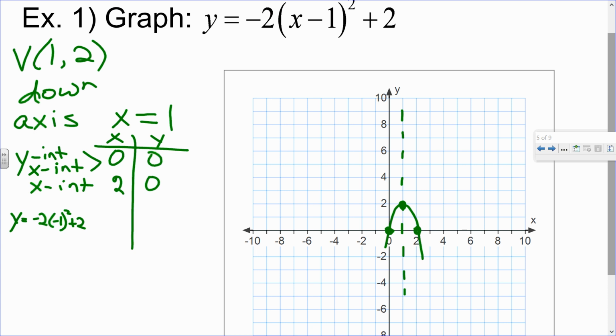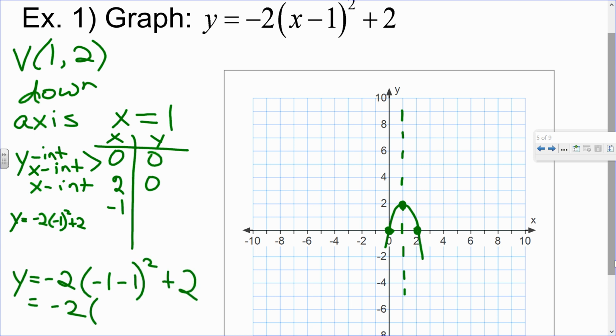So we've got 0, 1, 2, do you want to use -1, -2, 3, 4, what do you want to use? Okay, so we're going to pick -1. We're going to plug that in. So y is -2 times (-1 minus 1) squared plus 2. And let's see, that'll be a -2 squared. What am I going to get here?